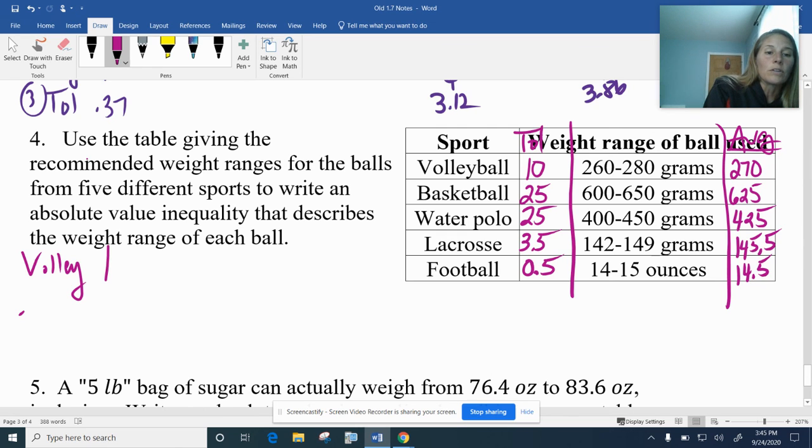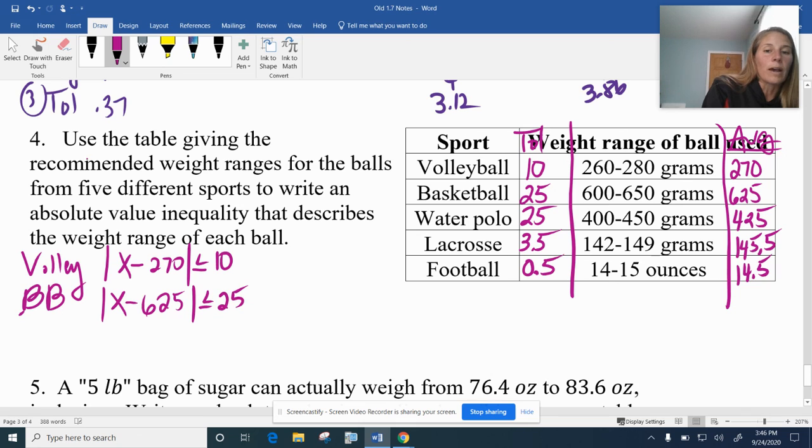So then all I'd have to do for volleyball is x minus 270 is less than or equal to 10. That's how I would use this to write down an absolute value inequality to represent the acceptable weights. For what's next? Basketball, I would have x minus 625 is less than or equal to 25.